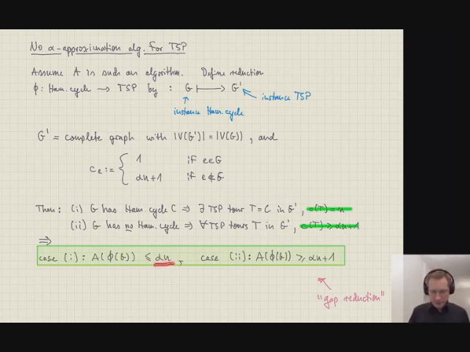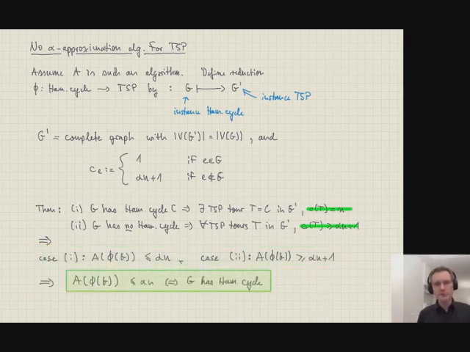So we have created a gap in terms of the cost function between the yes instances and the no instances. And that now means that if we assume we have this alpha approximation algorithm, which is a polynomial time algorithm, we will be able to distinguish yes and no instances of the Hamiltonian cycle problem, because the algorithm returns an objective function value at most alpha times n if and only if the original graph had a Hamiltonian cycle.